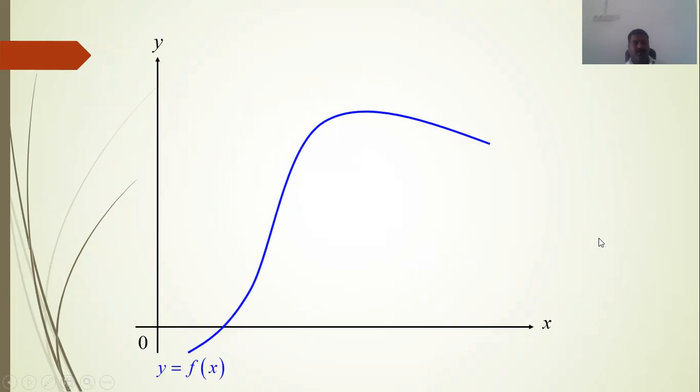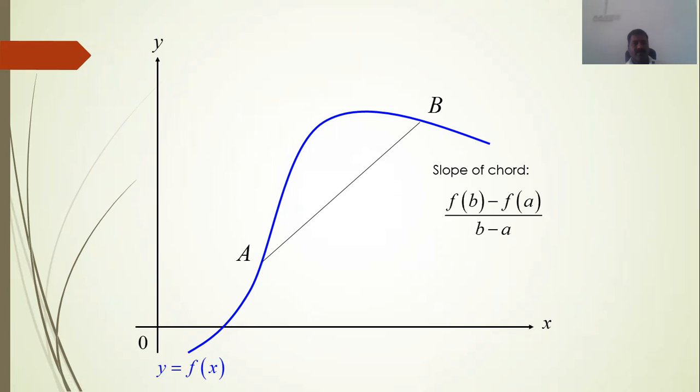Look, this is my y equal to f(x). AB is the line joining the endpoints, the chord AB. The slope of that chord is [f(b) minus f(a)] by [b minus a].